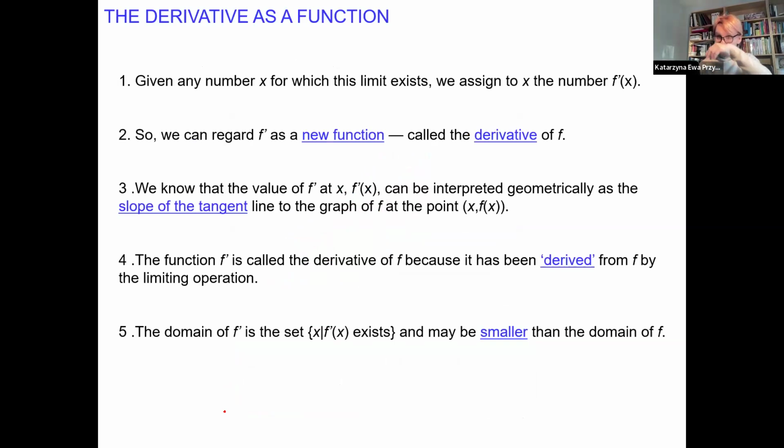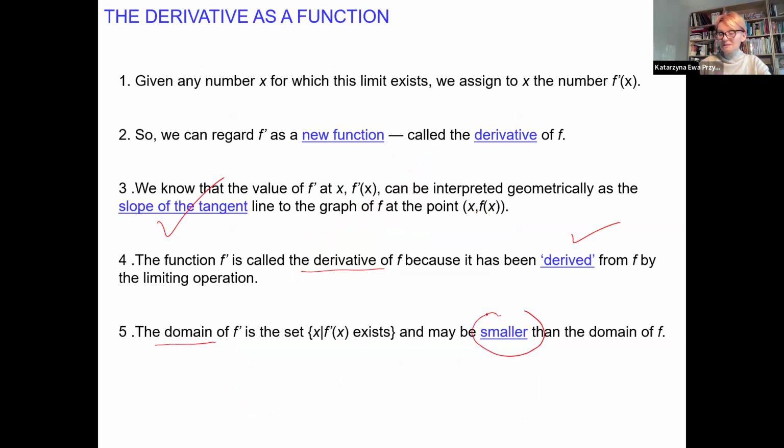Okay, I have a couple of notes. It's still the slope of the tangent, even if it's in terms of X. It's called derivative because it's derived from that limit. Domain: sometimes, because we're dealing now with a new function, and each function has a domain, the set of X that we are allowed to substitute. We have to look at the formulas because the formula changed a little bit.